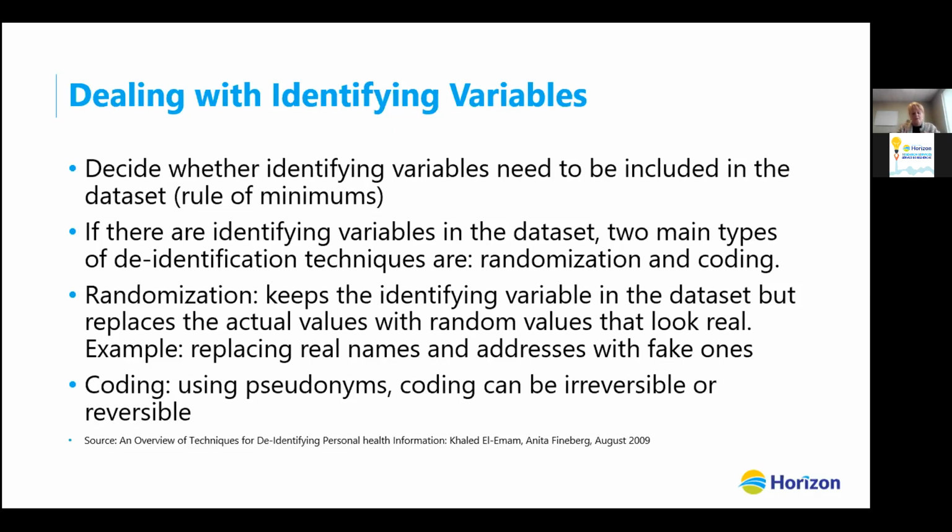Randomization means keep the identifying variable in the data set, but replace the actual values with random values that look real. An example of that would be replacing real names and addresses with fake ones. And then there's coding. Coding means using pseudonyms, and coding can also be reversible or irreversible.